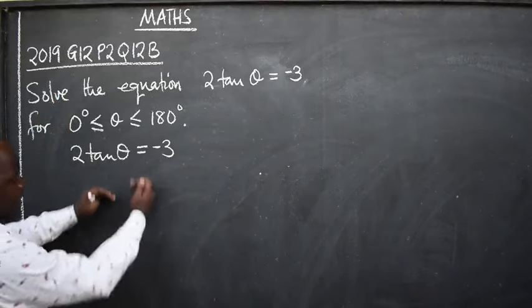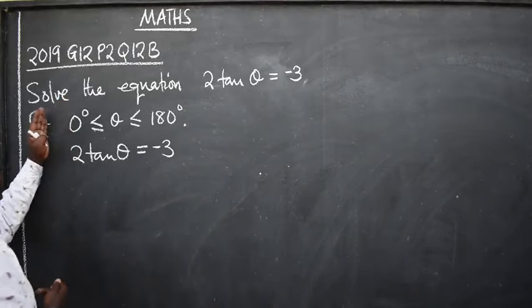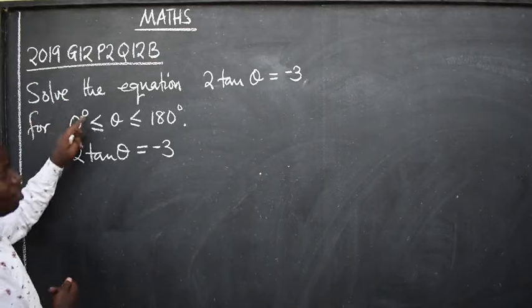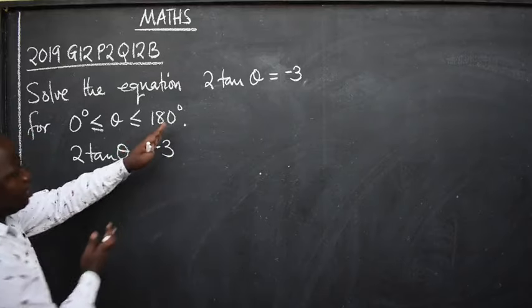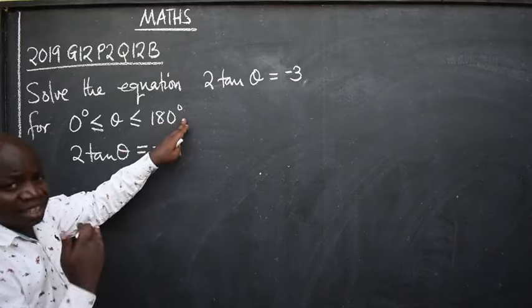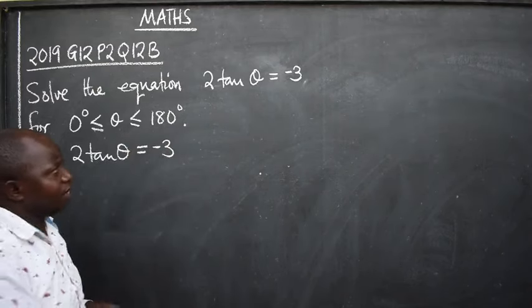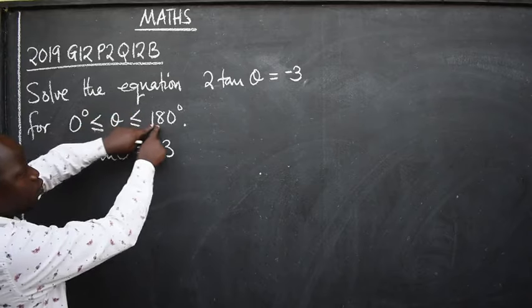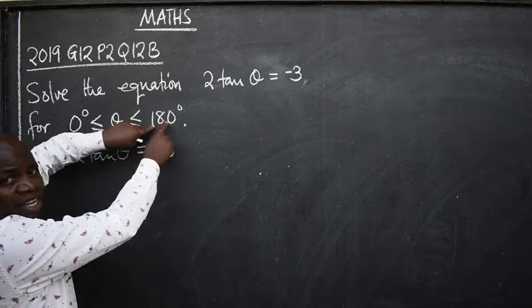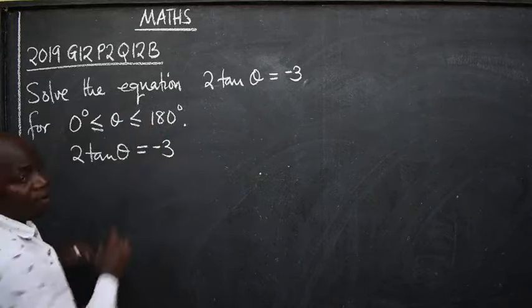So we don't expect the answer here to be a negative, which is less than 0 degrees. We also should not expect an answer which is more than 180 degrees. Remember, it is less or equal to 180, so it should end here. That is the meaning of the range.